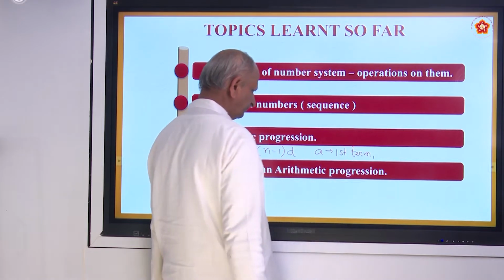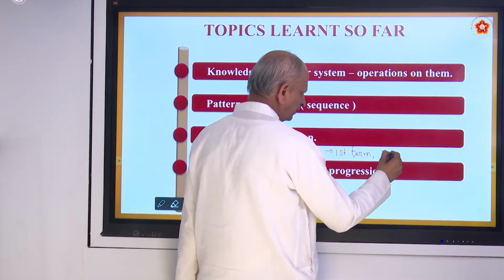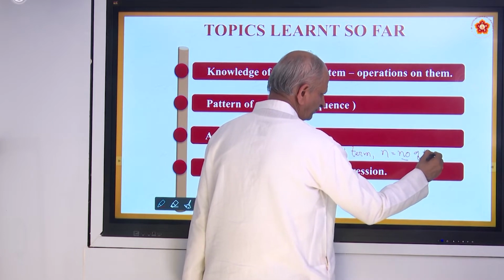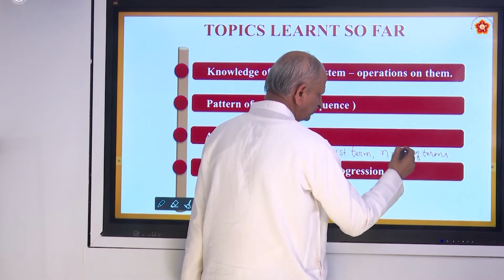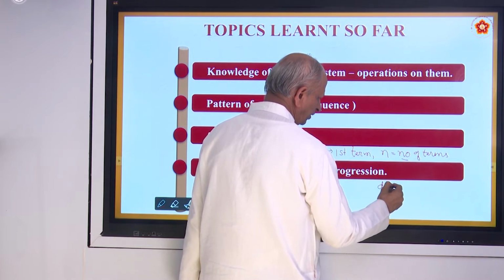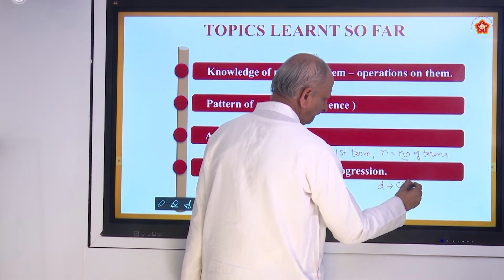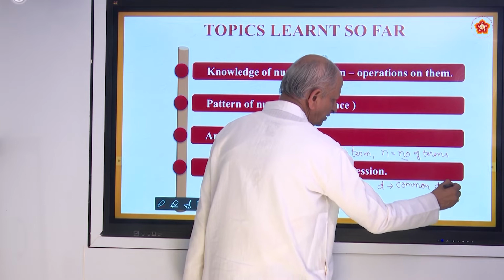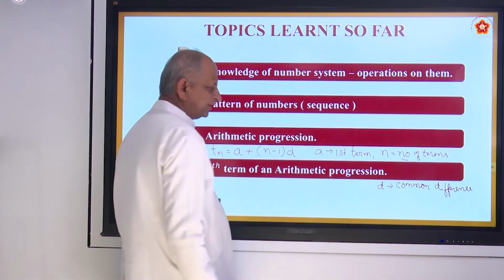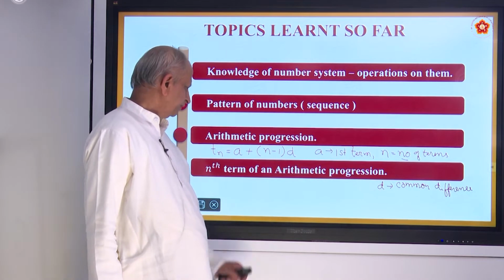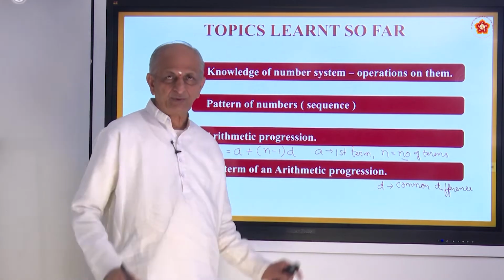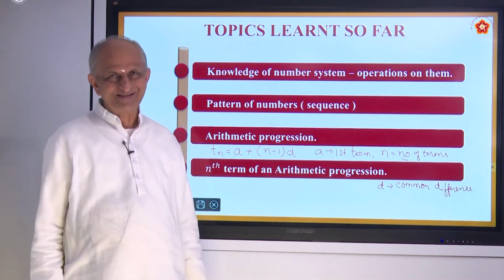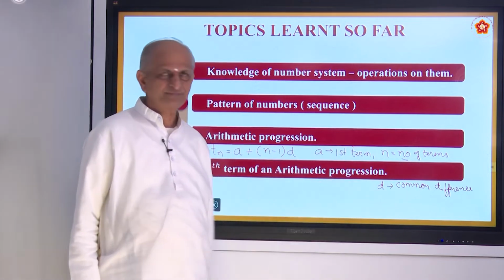First term, then n, number of terms, and d is the common difference. If the difference is not equal, then we don't get what is called as progression. So Tn is equal to a plus n minus 1 into d. Will you remember? At least 10 times you must tell. Also you must know the terms.